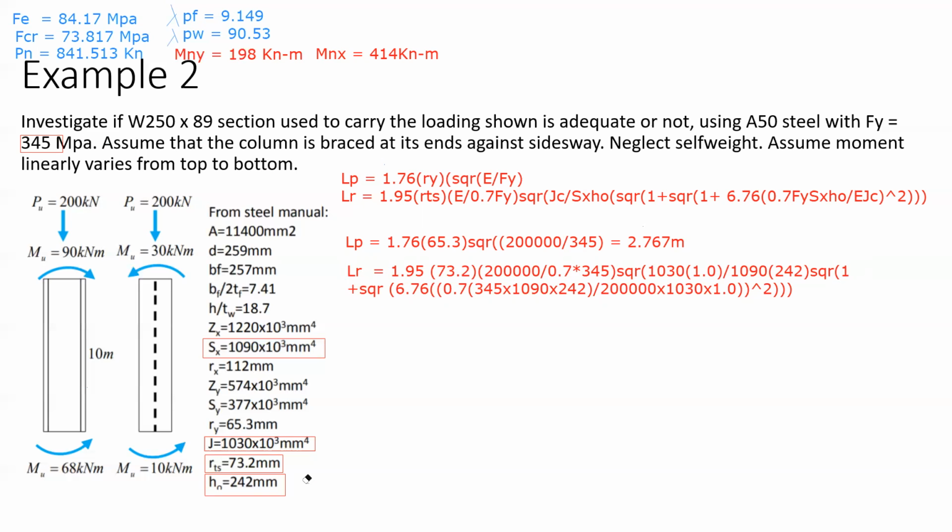So ano yung value ng LR natin? Wait lang po. Okay lang, medyo mahaba rin kasi.